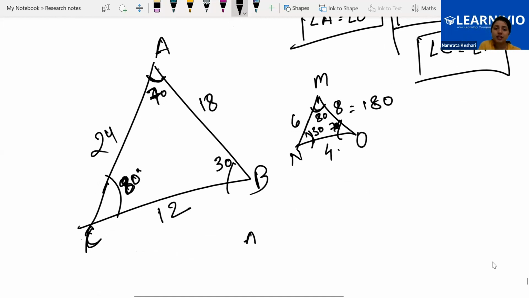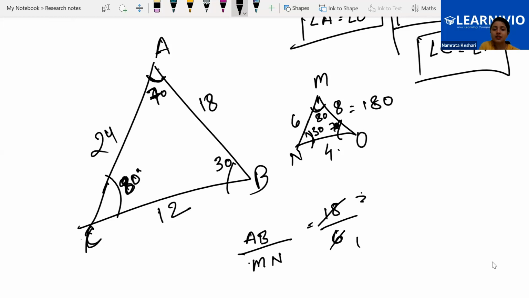Suppose I have taken AB over here, AB by MN, 18 by 6. 1 times 6, 3 times 18. The other one I am taking is BC by NO, that is 12 by 4.